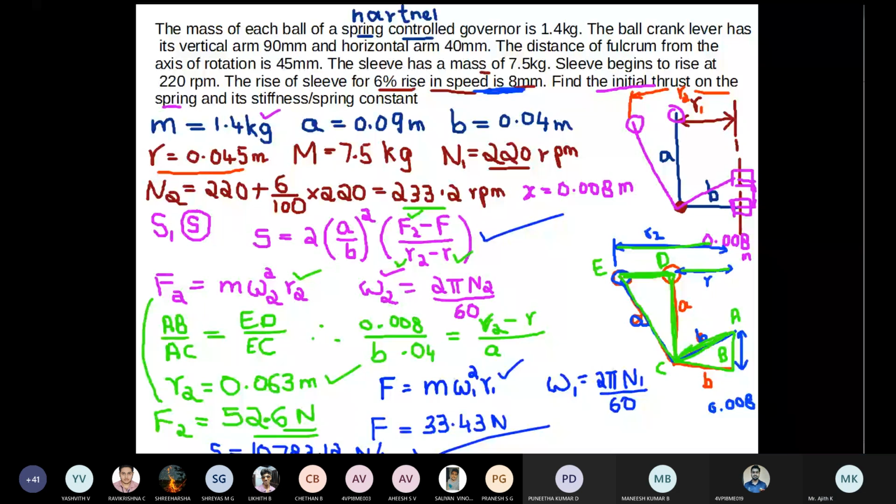So we'll go for next calculation. Next calculation is you have to find out initial thrust also. Calculate initial thrust. Initial thrust is nothing but S1 value.